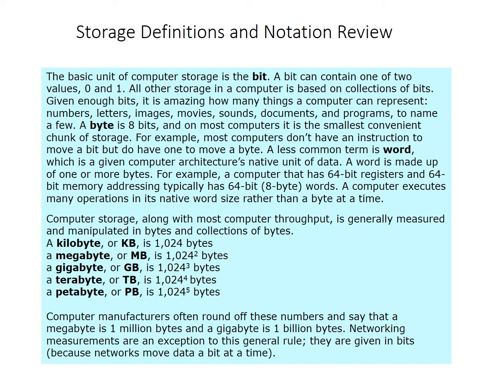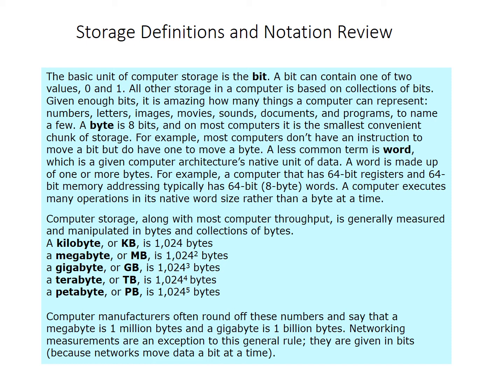A gigabyte, or GB, is 1024 to the power 3 bytes. A terabyte, or TB, is 1024 to the power 4 bytes. A petabyte, or PB, is 1024 to the power 5 bytes.